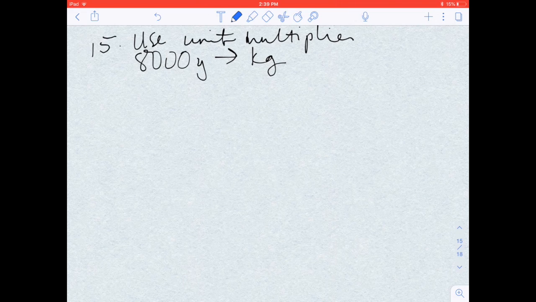For number 15, they ask us to use a unit multiplier to convert 8,000 grams to kilograms. So I'm going to start with 8,000 grams. I'm going to multiply it by grams. And then I have kilograms over here, right?